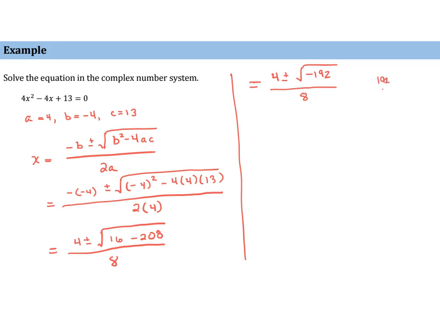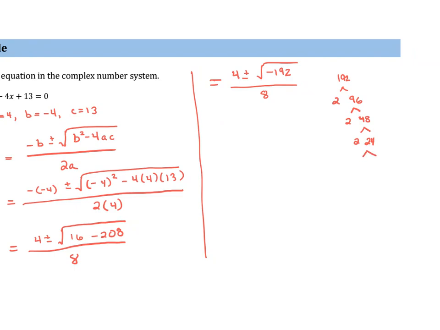Now, let's look at 192. 192 is divisible by 4. We can break it up into 2 first. 2 times 96. 96 is 2 times 48. That's 2 times 24.